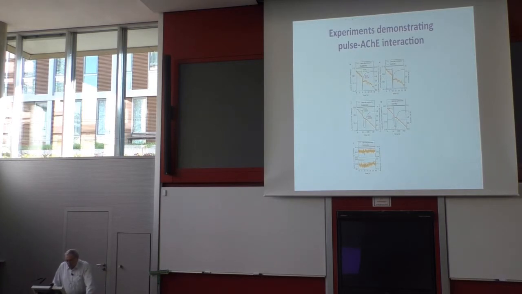What you see here is that you have an initial rate of acetylcholinesterase activity, and when the pulse moves through the monolayer, the compaction of the monolayer causes a rise in local pH, which activates the enzyme.